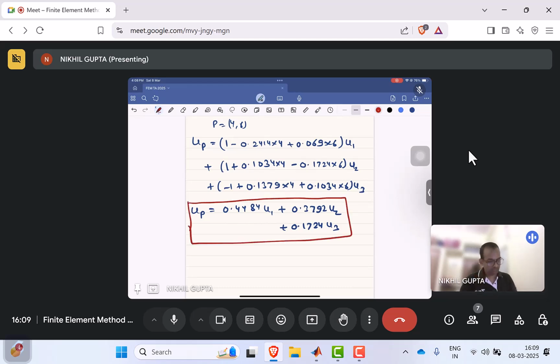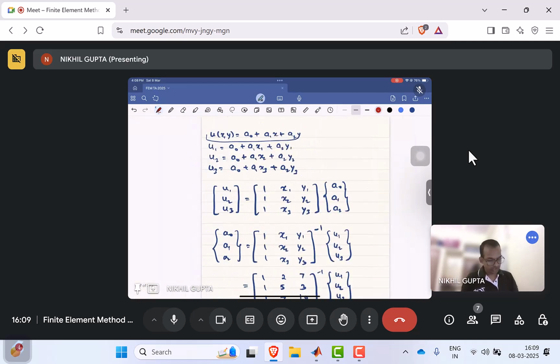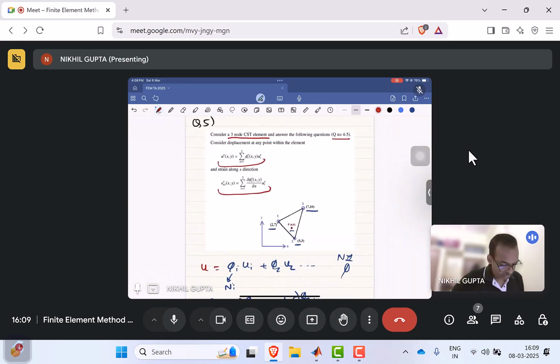So you see what has been done using the shape functions n1, n2, n3. You get FEM solutions at the nodes, but using n1, n2, n3, we can interpolate the displacement at any point in the 2D element.